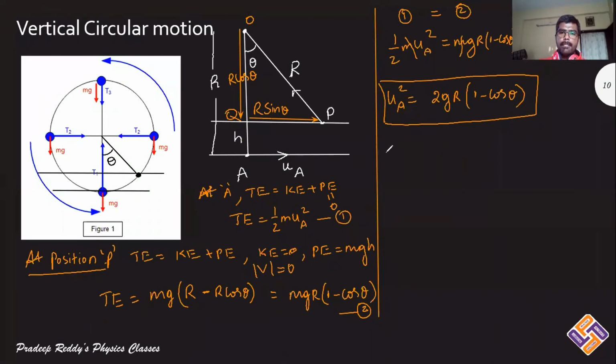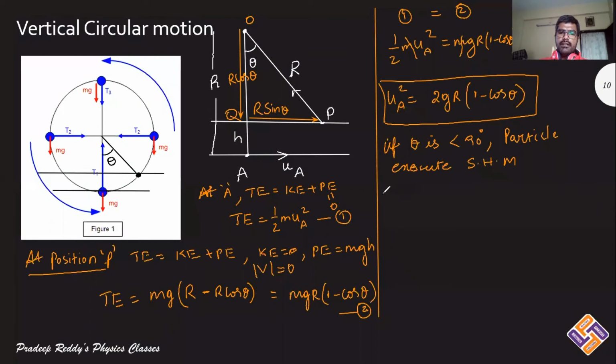So if theta is less than 90 degrees, the particle executes simple harmonic motion. That means if the angle is less than 90 degrees, it cannot go up to position B. So after reaching some particular point, it again comes back to position A, and that process continues. So if theta is less than 90 degrees, the particle will execute simple harmonic motion.